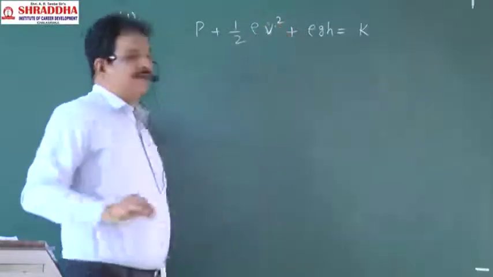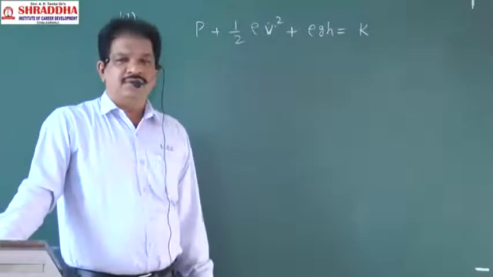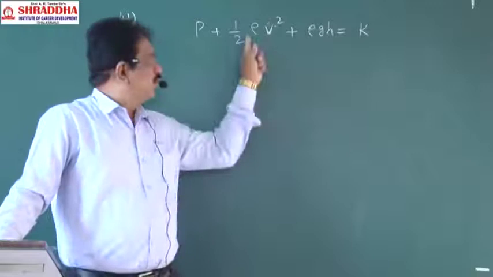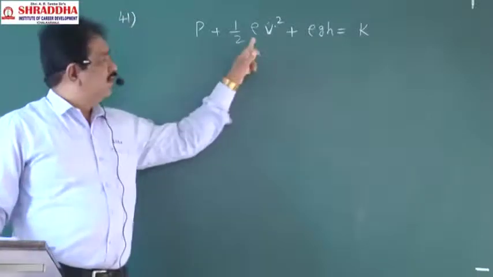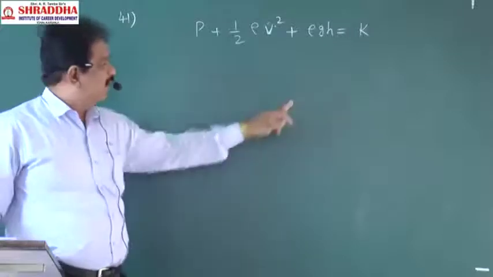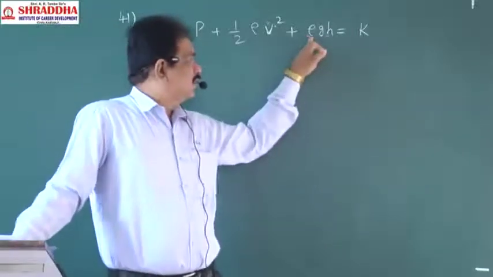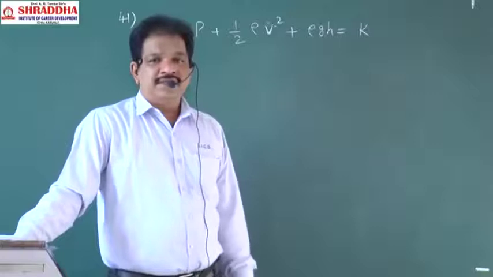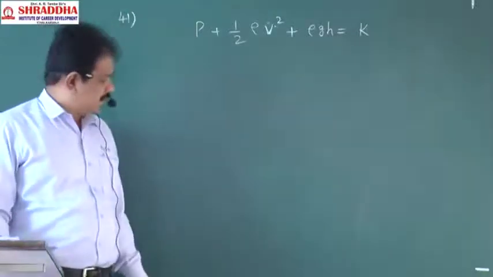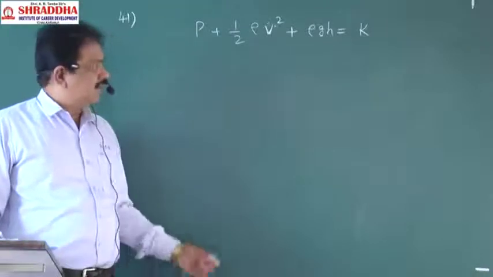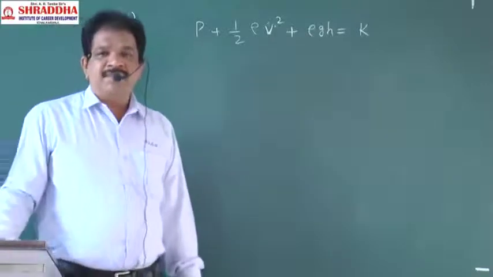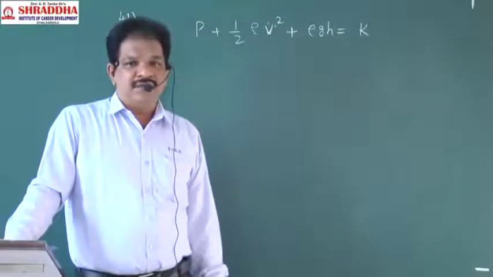Here P is the pressure, rho is the density, V is the velocity, g is the acceleration due to gravity, and h is the height. Here what they are asking: what are the dimensions of K?